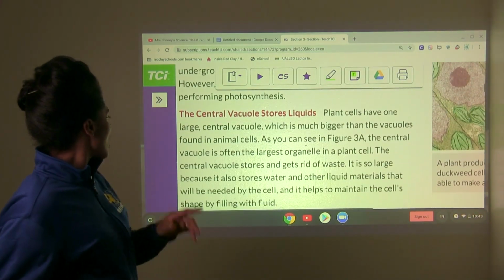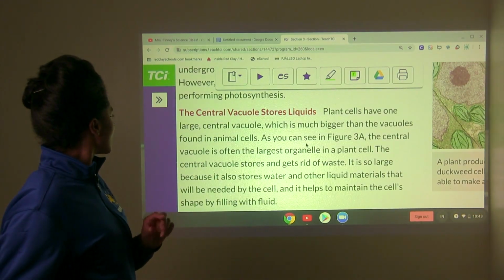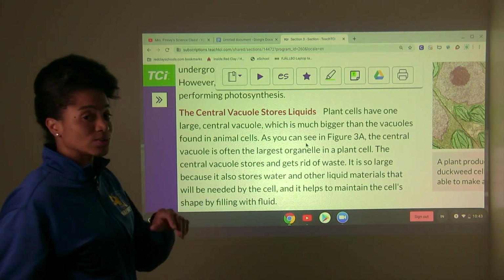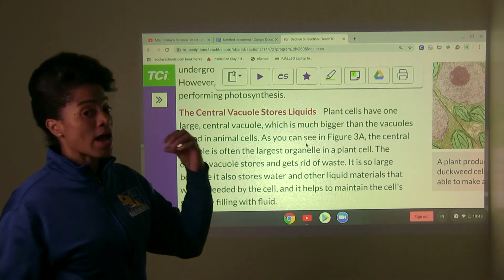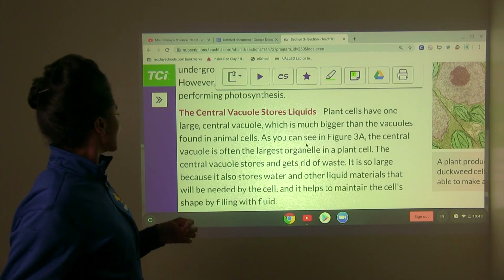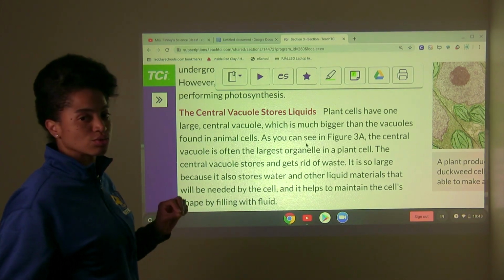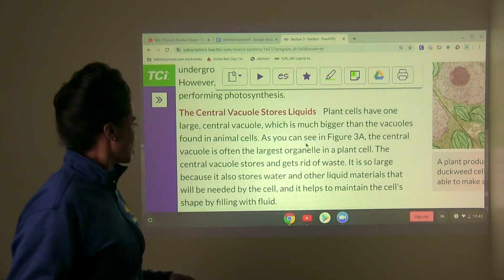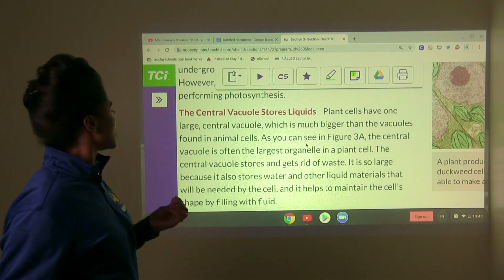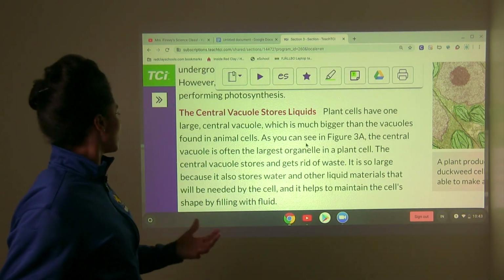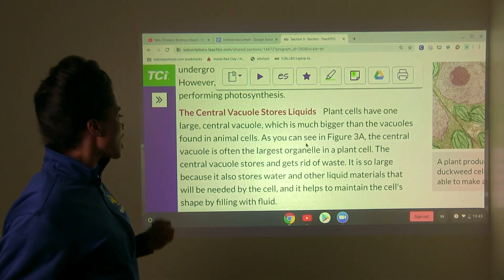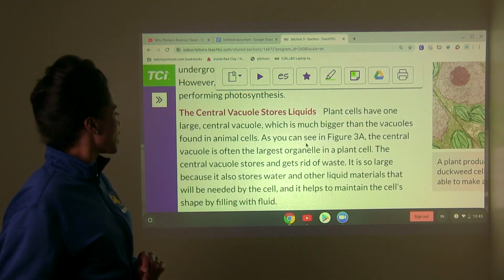Moving on. Third unique one that is in plant cells, not in animal cells, not in bacterial cells. All right, central vacuole. What does this do? Stores liquid. Plant cells have one large central vacuole, which is much bigger than the vacuoles found in animal cells. As you can see in figure 3A, we'll get there.